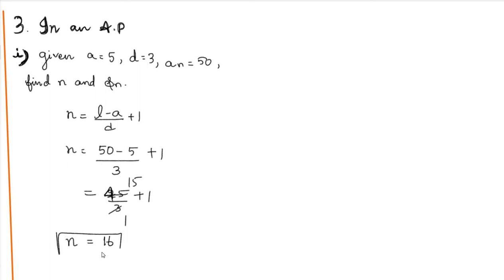So we have found n. And next what do we have to find? We have to find Sn. Shall we find Sn? Yes, using the formula. We know l, so we can find it using n by 2 into (a plus l). We can use this formula. What is n actually? n is 16.